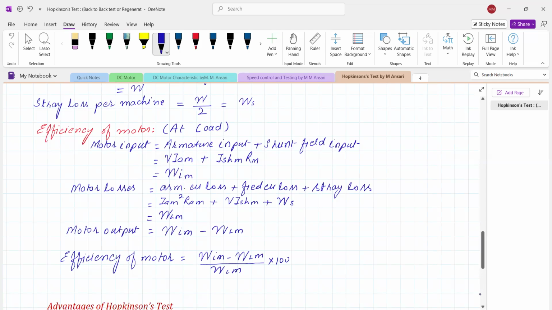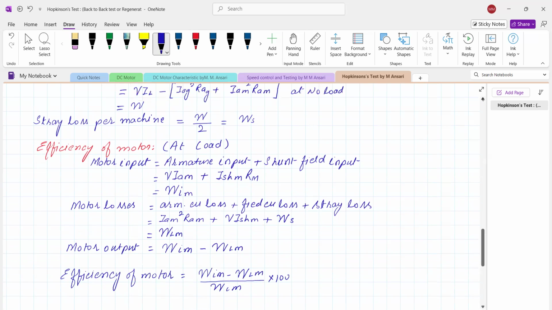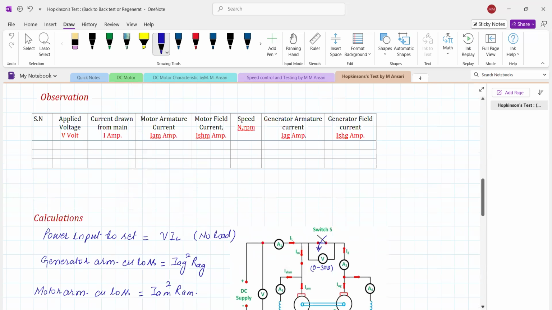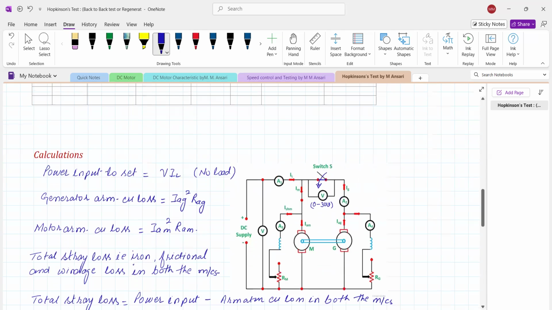And for the efficiency of the generator, in case of the generator, the generator output is nothing but the voltage appearing across the armature multiplied by the current supplied by the generator, Ig. The losses are the same: shunt field copper loss and armature copper loss plus stray loss.